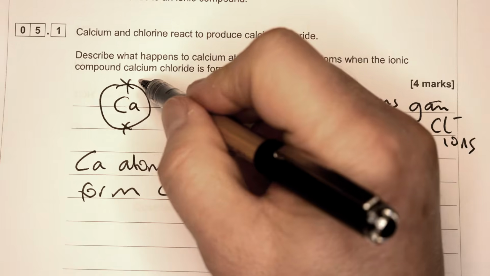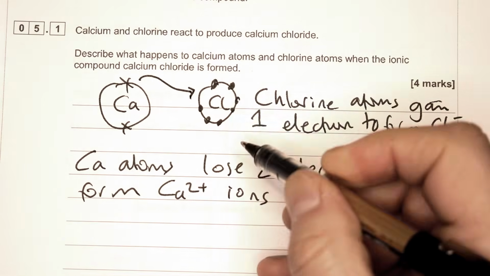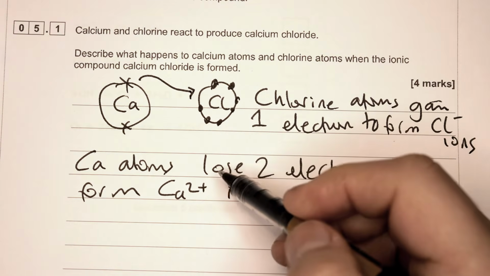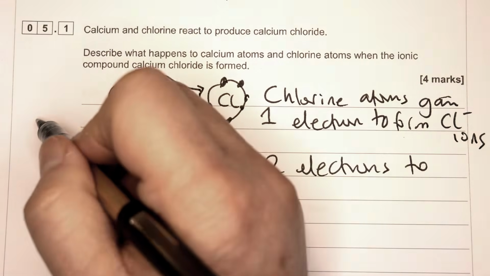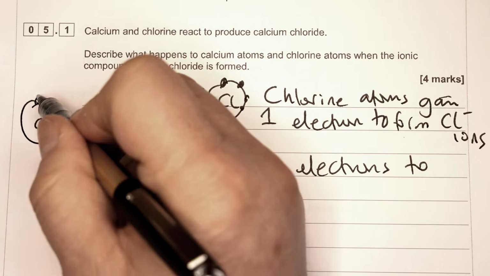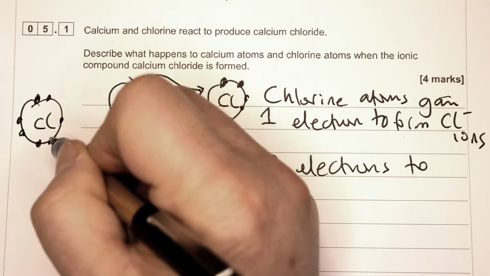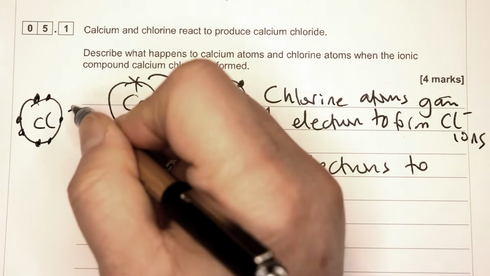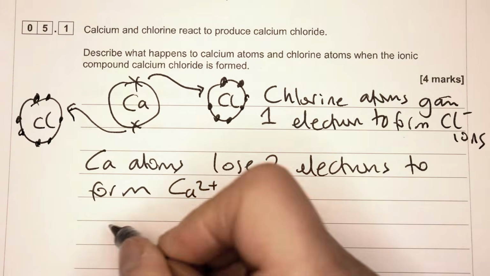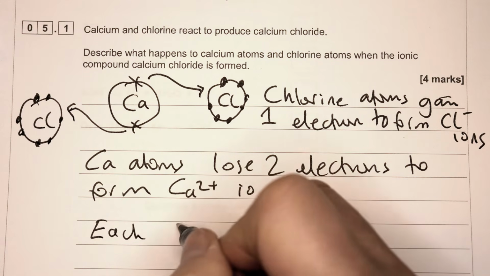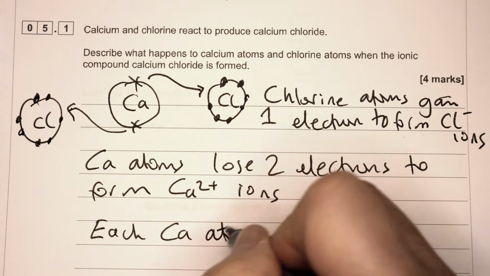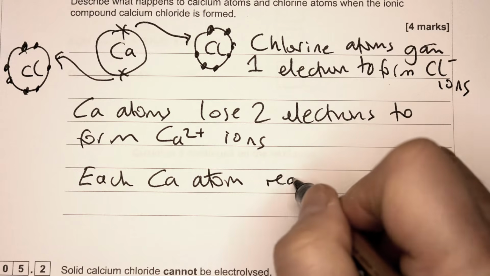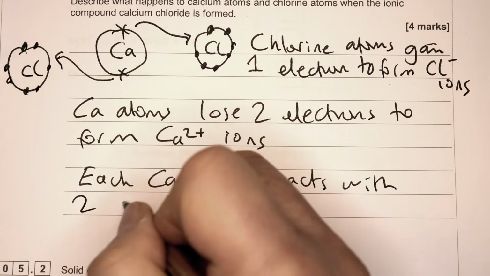So this calcium atom will give 1 electron to that chlorine, but now that's got enough. So what it takes is another chlorine atom with 7 electrons to take the other electron from calcium. So we're going to say each calcium atom reacts with 2 chlorine atoms.